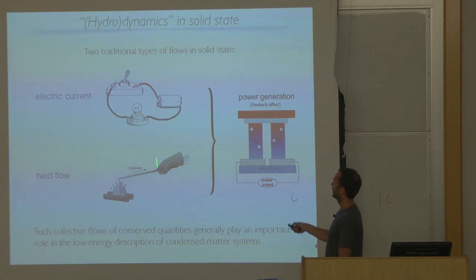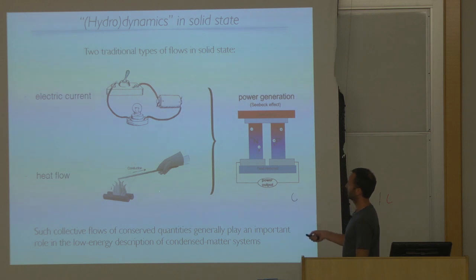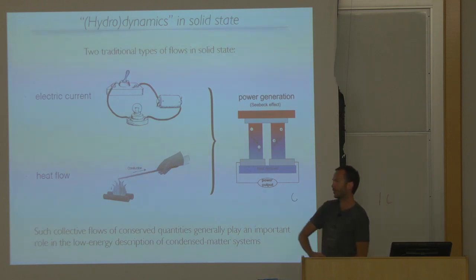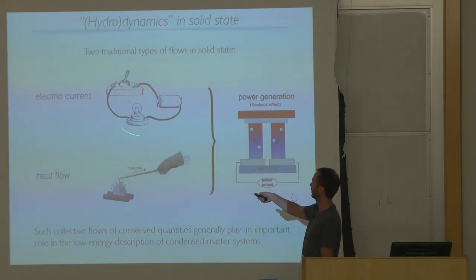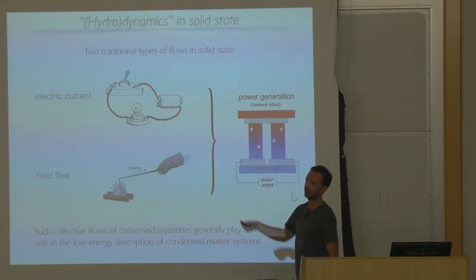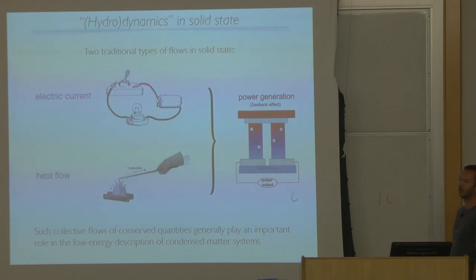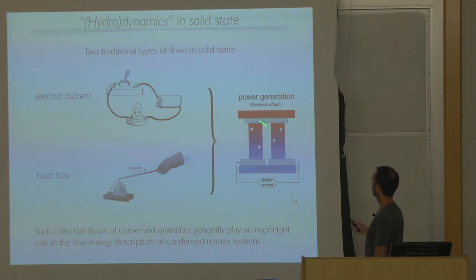Now, the moment two such flows are present, or more than one flow is present, we can couple them. The simplest case is to couple them by drag. If you apply electrical current here, it also drags some heat flux and vice versa, and that's the basis for thermoelectric phenomena, such as power generation using the ordinary Seebeck effect, in which applying a heat current drags charges.